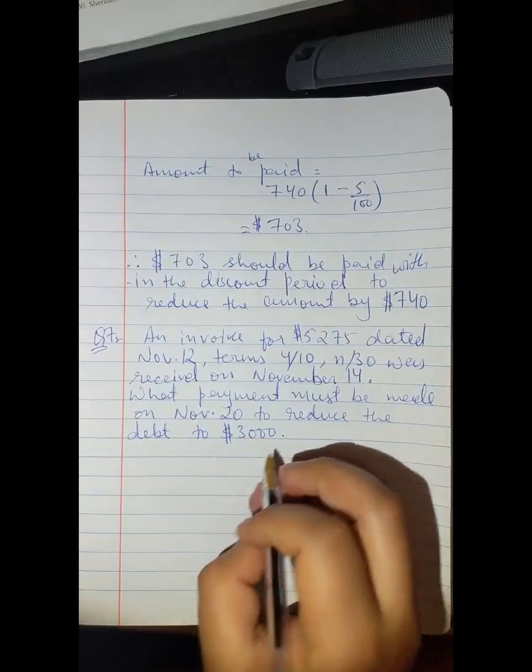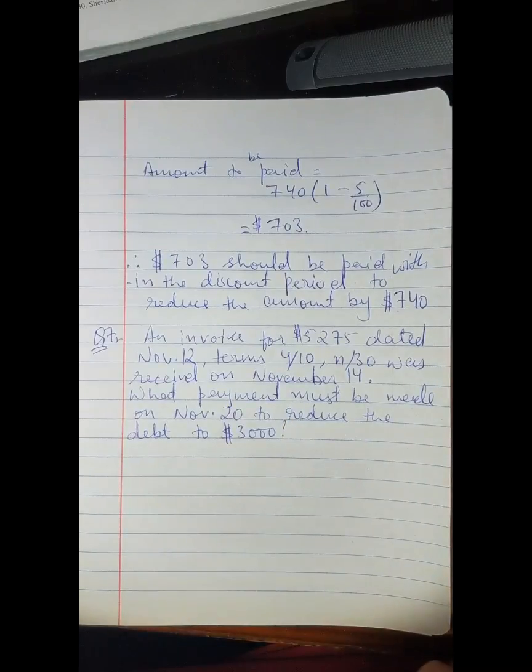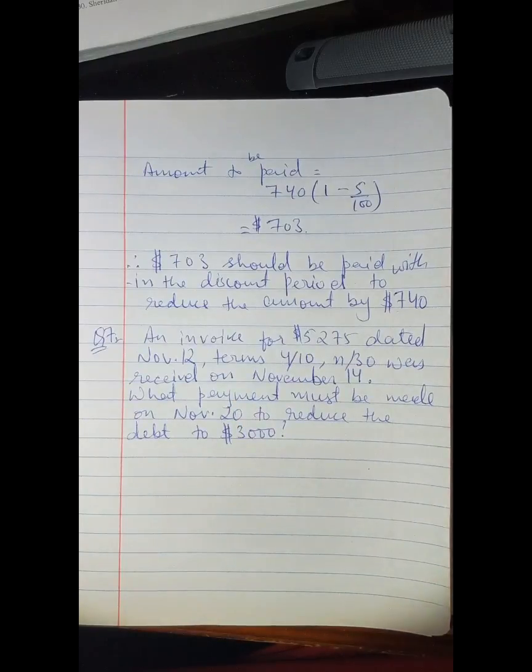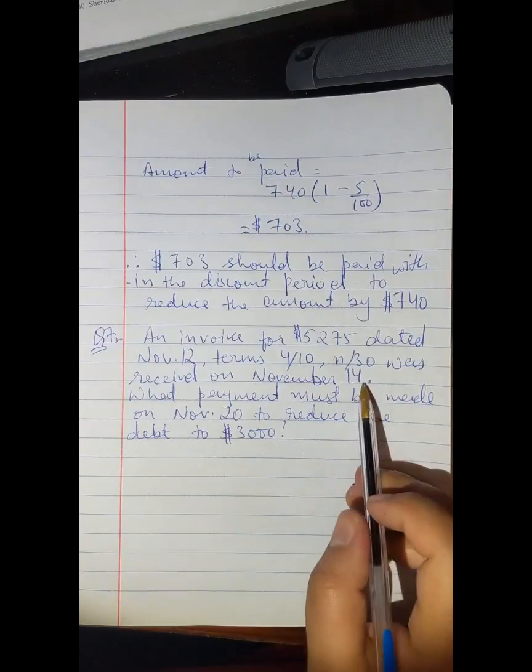So be very careful. It says to 3000. Okay, the question is, an invoice for 5275 dated November 12th, terms 4/10 net 30, was received on November 14th.